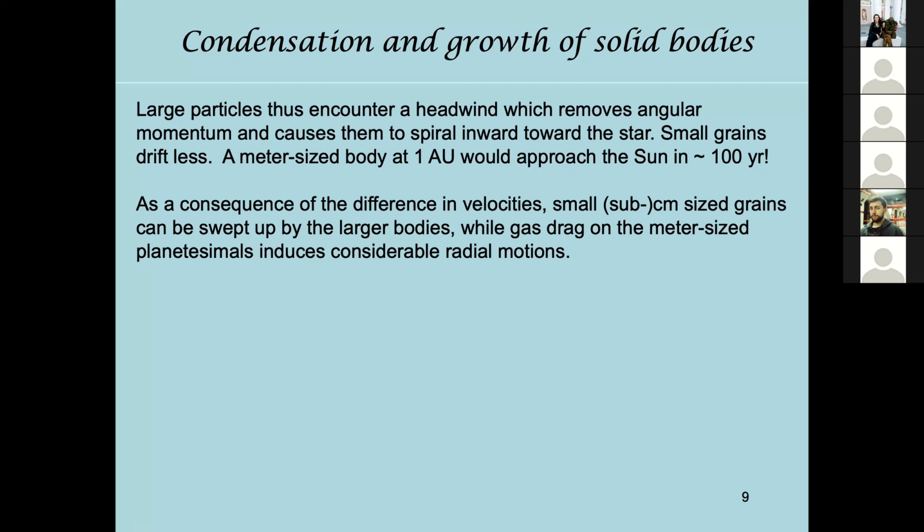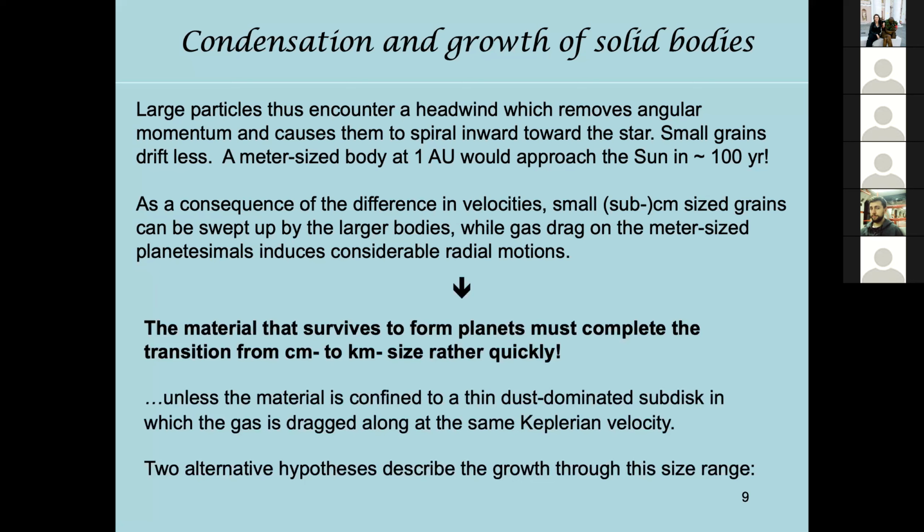So with these headwinds, some of these larger bodies that are orbiting around can actually grow in size, but then they will spiral inward. So the material that survives to form planets has to do it very quickly. You have to go from centimeter to kilometer size. And this is in fact problematic.